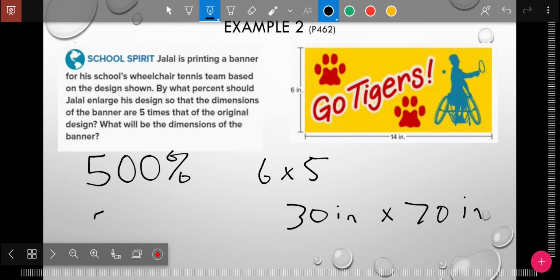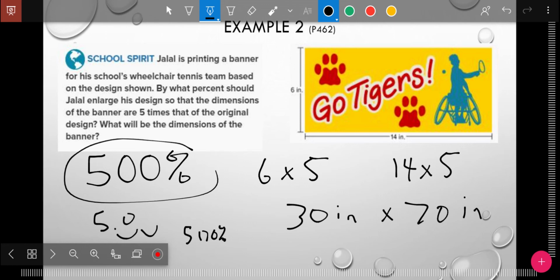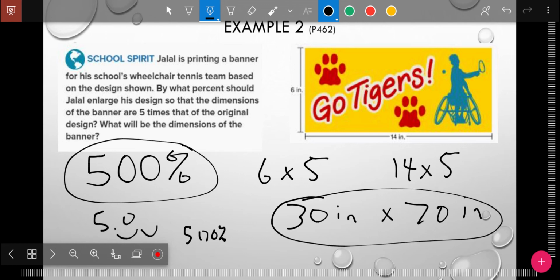Or if you knew you were multiplying by 5, change it to a percent, you would move the decimal place 2 times and make it 500%. 14 times 5 is 70. And so 500% is the percent change. The new dimensions are listed here after multiplying by 500%.